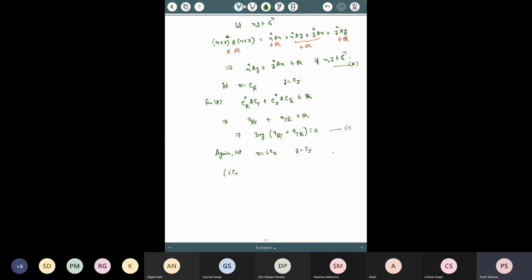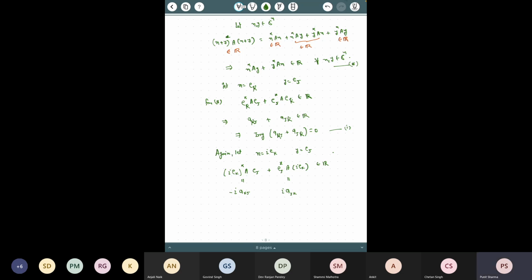It would be (i e_k)* A e_j plus (e_j)* A i e_k. This is in R. But then what is it? The left hand side would be minus i a_kj, and the right hand side would be i a_jk.